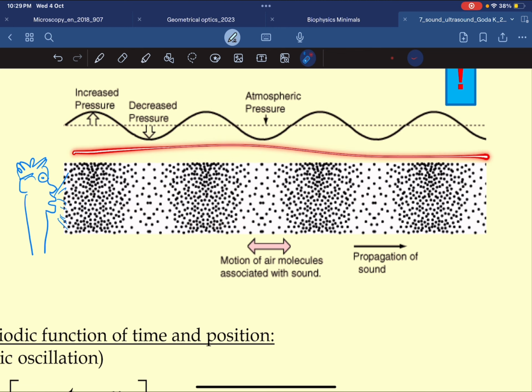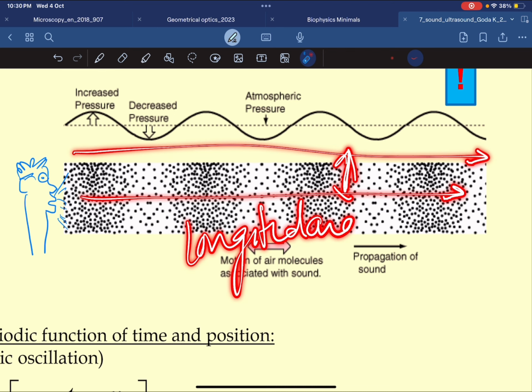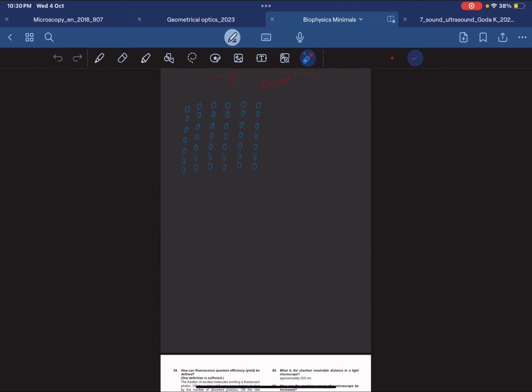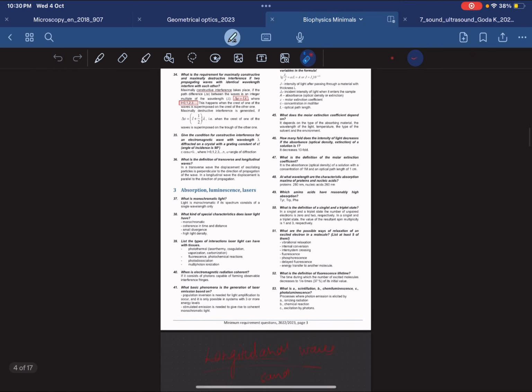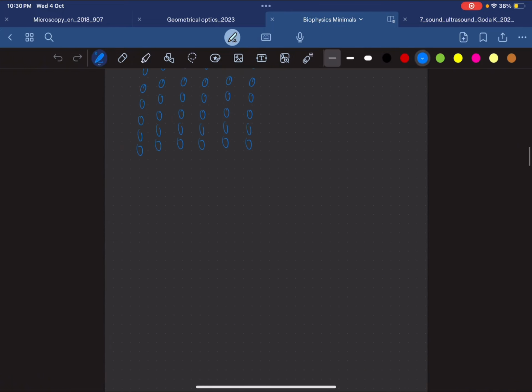So the direction of propagation is this, and the wave is also traveling like this. So these are parallel to each other. So this is a longitudinal wave.